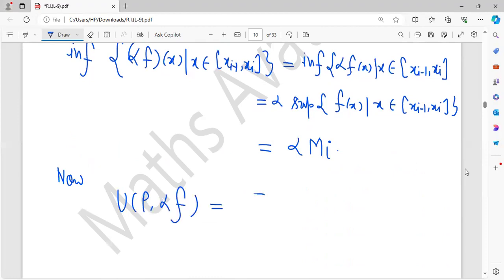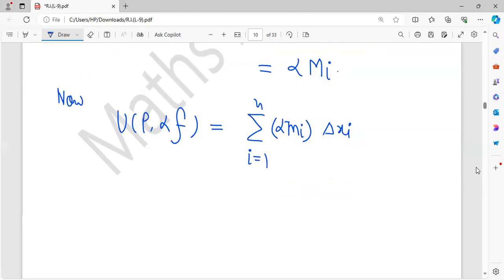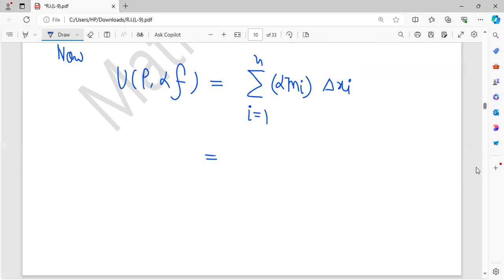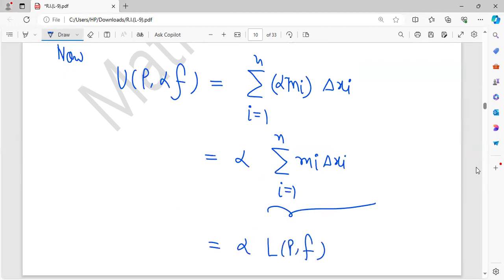Now, what is U(P, alpha f)? This is the sum for i from 1 to n. The supremum of alpha f on the interval [x_{i-1}, x_i] is alpha times small m_i. So take alpha outside: alpha times the sum of m_i delta x_i. What is this? This is nothing but L(P, f).